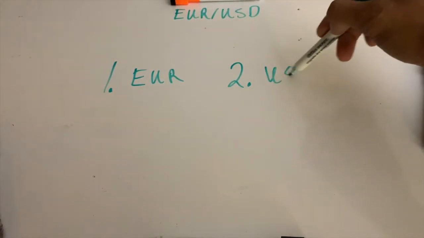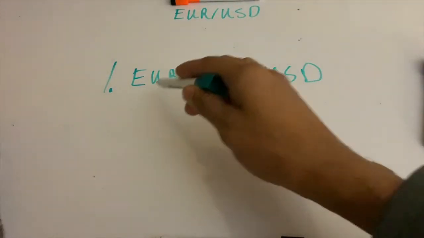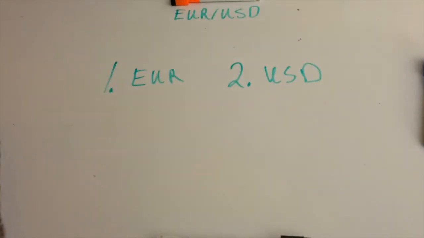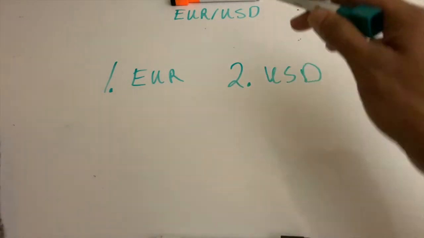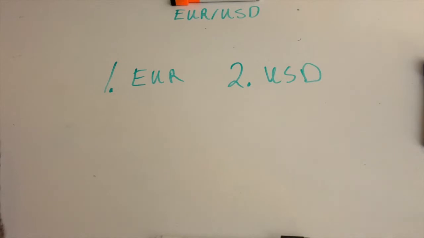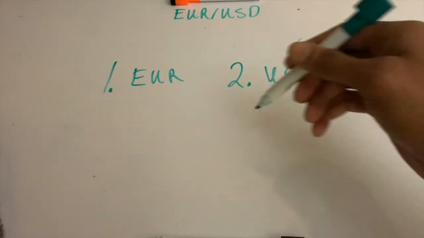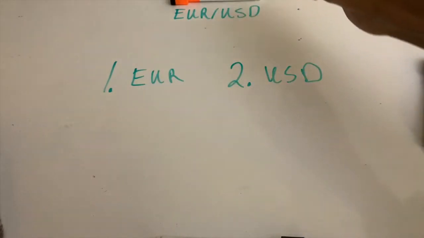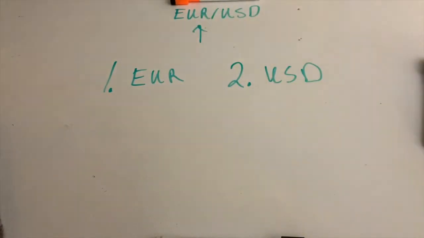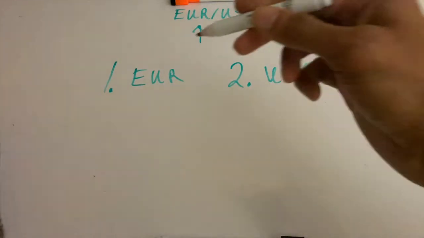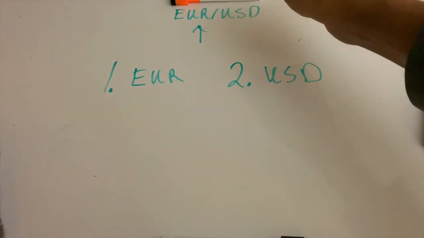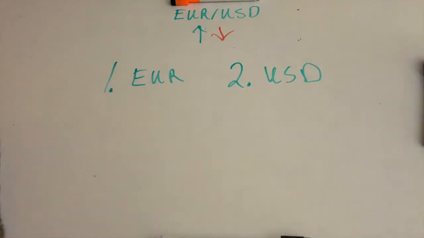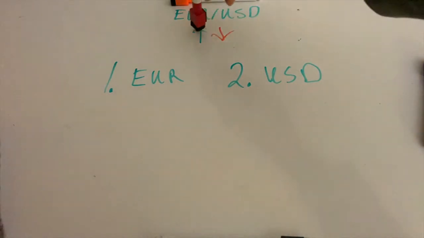So for Euro USD, you could consider the euro in the driver's seat. Anything that happens to the euro is going to affect the exchange price for this pair clockwise. So when the euro is doing good, it pushes the price of Euro USD up. When the euro is doing bad, it pushes the price of Euro USD down.